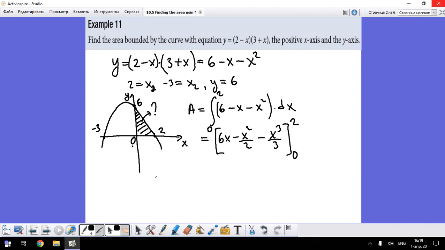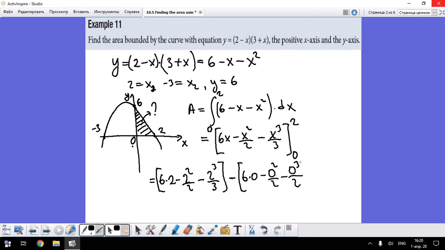So let's first of all enter 2 here. 6 multiplied by 2 minus 2 squared divided by 2 minus 2 cubed divided by 3, and then we should put 0 next. So 6 multiplied by 0 minus 0 squared divided by 2, and 0 cubed divided by, oh, there shouldn't be 2, there should be 3. Okay, and let's close the brackets.